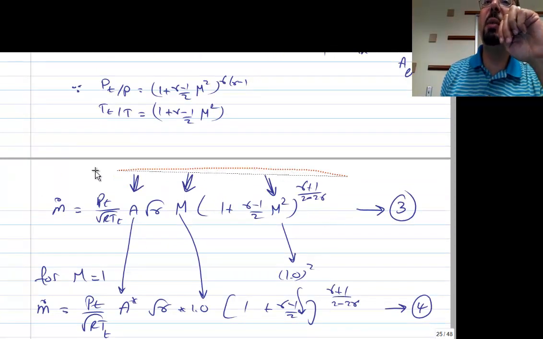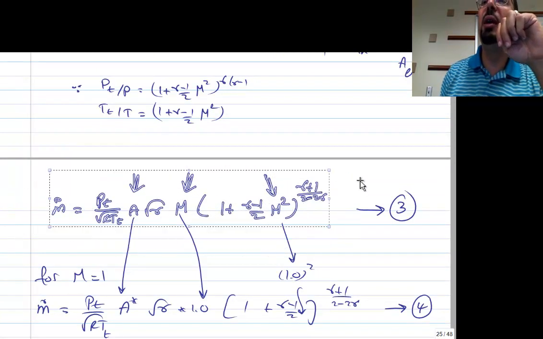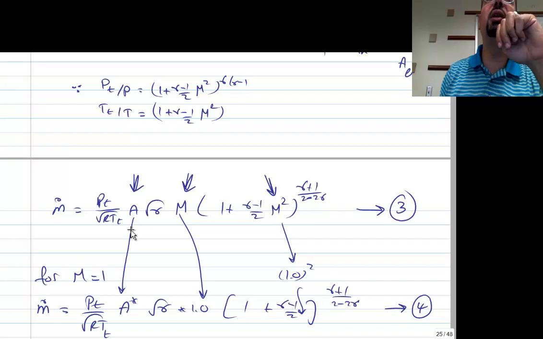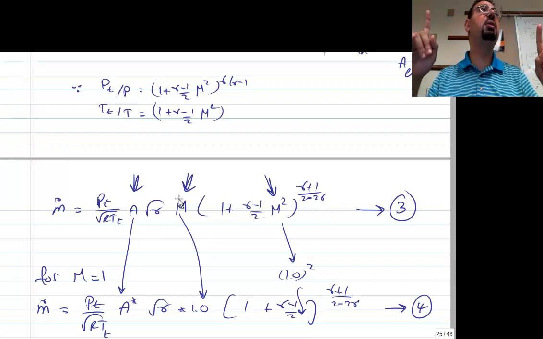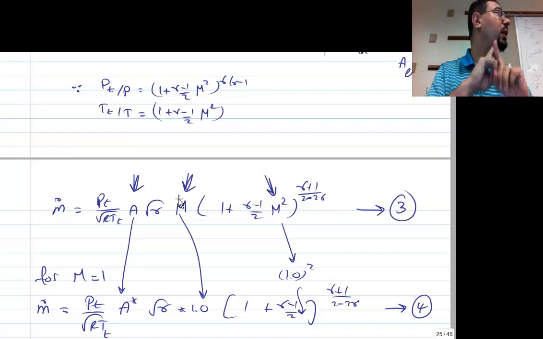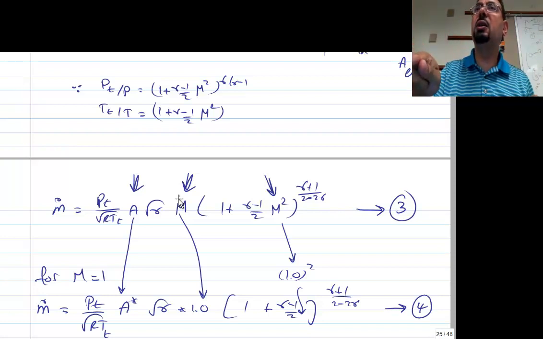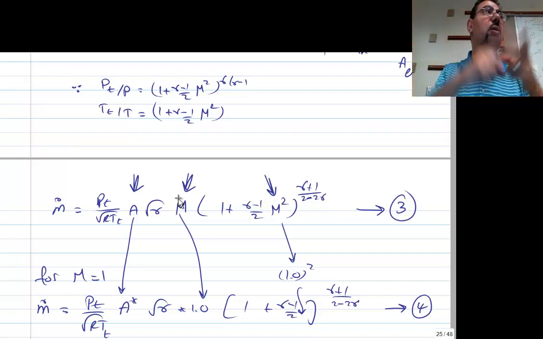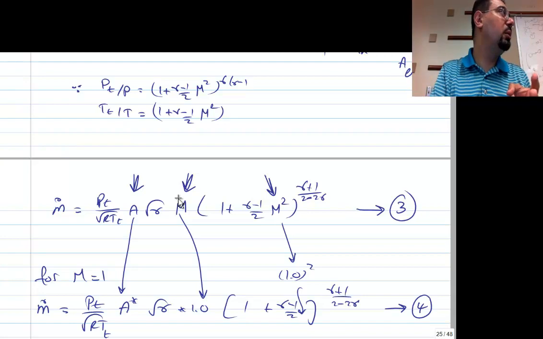So now this is the same equation, m dot = rho A V, but now in terms of P total and T total. So in this equation, there are only two variables, area and Mach number. That's the only two things that change. Everything else for this particular nozzle is the same: same P total, same T total, same gamma, right?